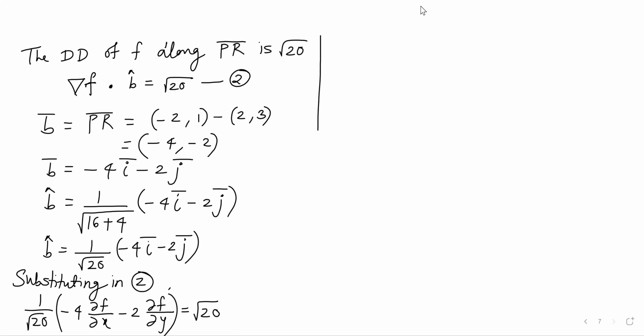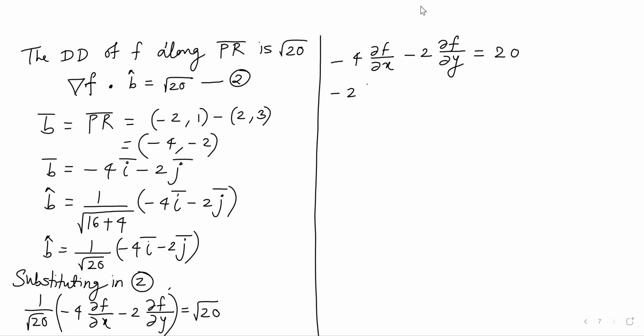So this equation can be written as minus 4 del f by del x minus 2 del f by del y equal to 20. So we take out 2 common, so that will be minus 2 times del f by del x minus del f by del y, I'll divide it by 2, this is 10. So this is Roman 2.